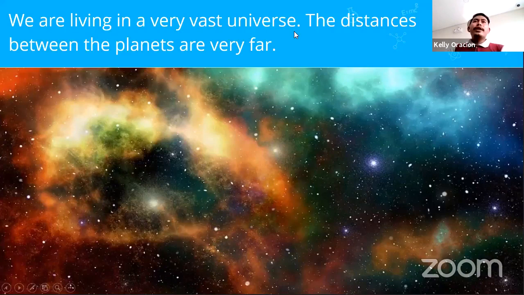Now, we are living in a very vast universe where the distances between the planets are very far. For example, the distance from the Earth to Mars, Earth to the Sun, or between two planets, is really very far. It's so large that sometimes kilometers aren't even used.